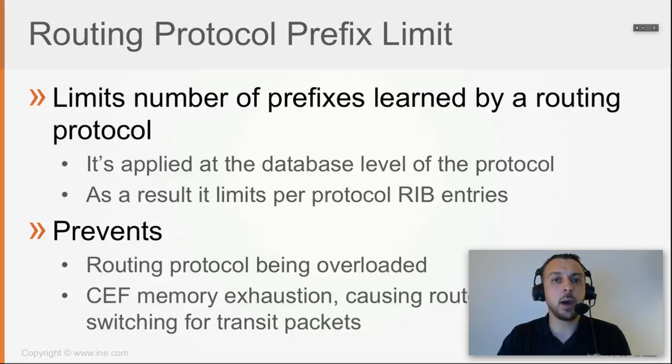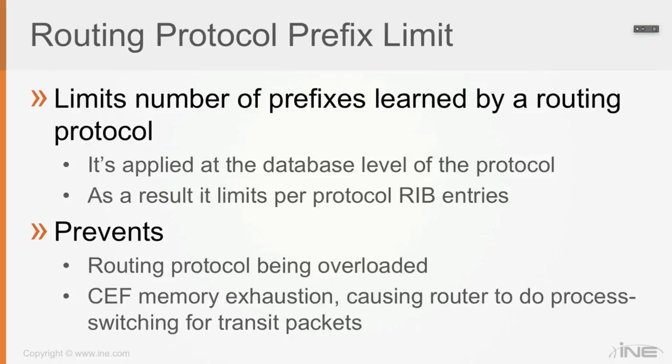They cannot keep up with such an amount of prefixes in the database. So we limit the number of prefixes a protocol can have in the database to prevent the routing protocol from being overloaded, and to prevent CPU and memory exhaustion, causing the router to do process switching for transit packets.